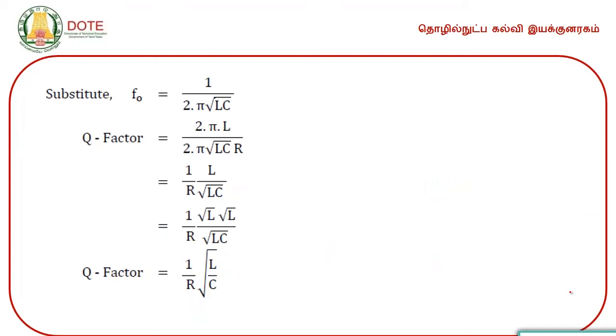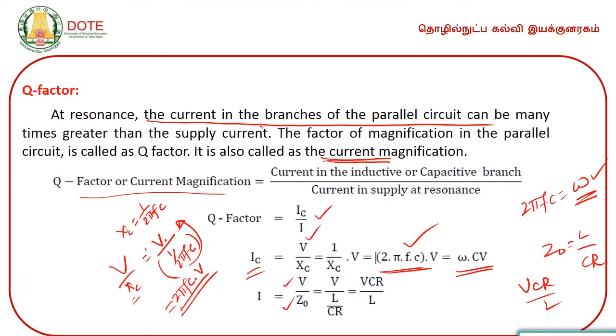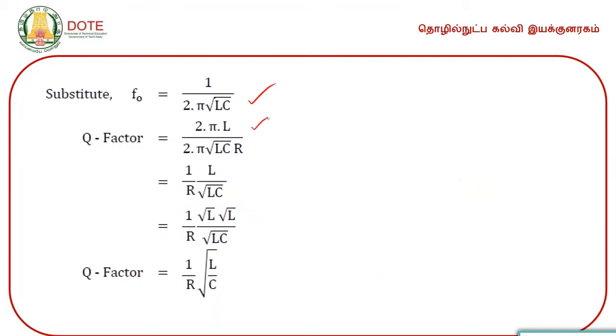Then substituting F naught is equal to 1 by 2 pi into square root LC, which is a resonance frequency. Then Q factor becomes 2 pi L, so here it is IC by I. So, you have 2 pi L divided by 1 by square root of LC into R. So, upon simplification you have 1 by L by R into square root of LC.